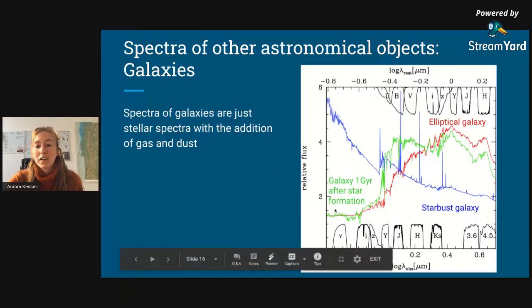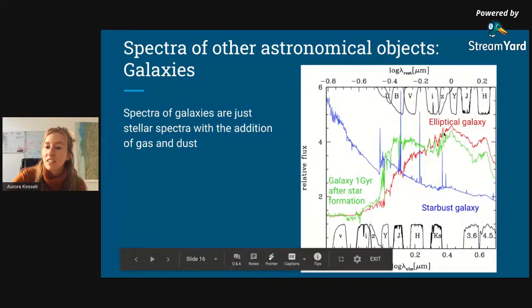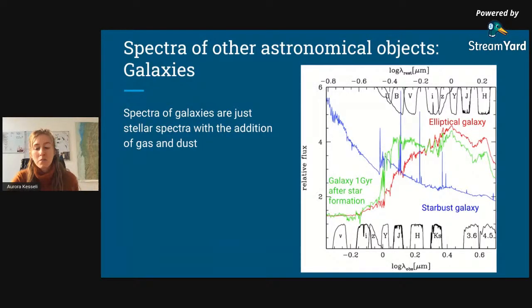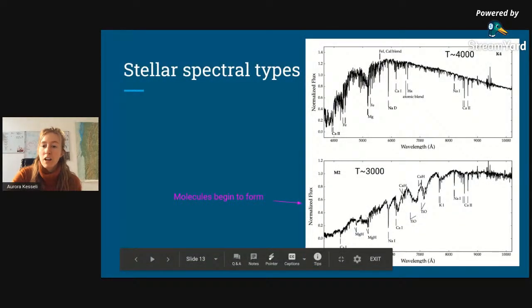And so in red here is plotted the spectrum of an elliptical galaxy. Elliptical galaxies are the old, red and dead galaxies, as they call them. You can see that the spectrum of this red galaxy looks very similar to the spectrum of an M-dwarf star. Let's go back. Okay, here's our M-dwarf star.